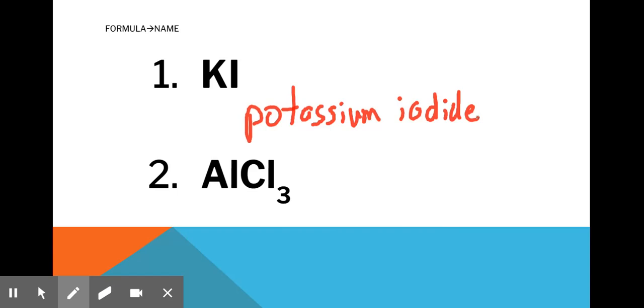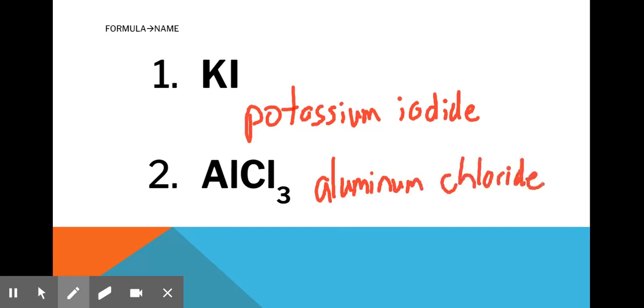Same rules as before, and we do not need to put a Roman numeral in parentheses next to potassium because potassium is not a transition metal or a post-transition metal. Similarly, we do not need to put a Roman numeral next to aluminum because aluminum only forms a charge of +3. That's it.